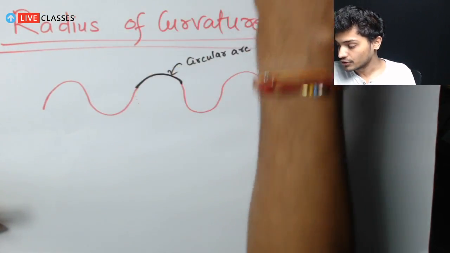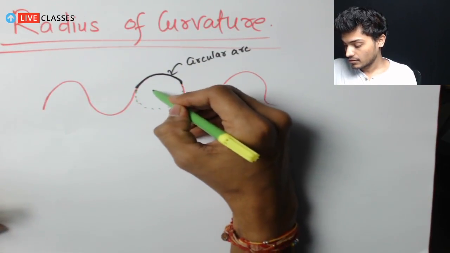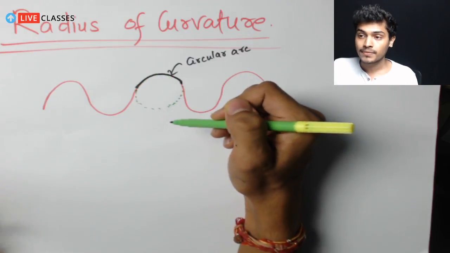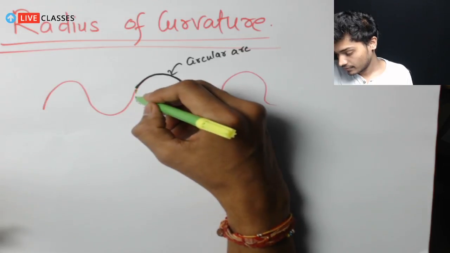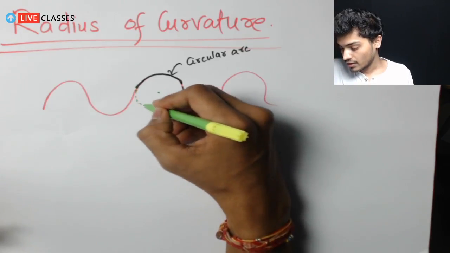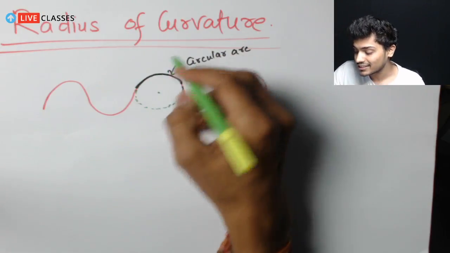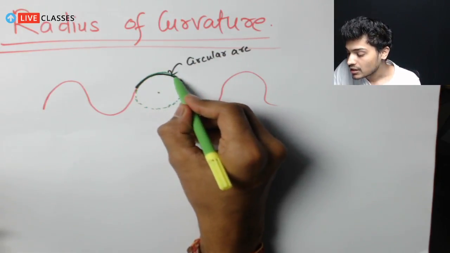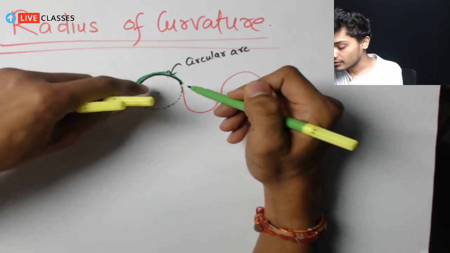Suppose we draw some circle like this. So this circular arc is a part of this circle. We have to find the radius of curvature, that is, the radius of this circular segment.